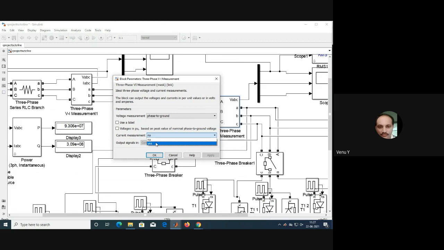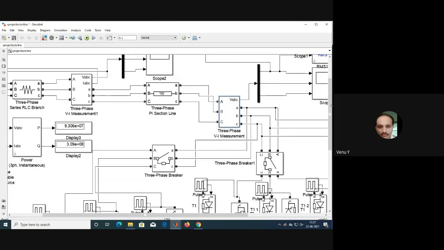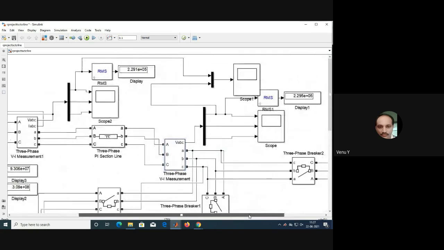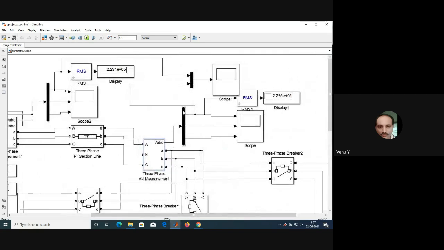I have not taken the current measurement here. If you want, you can take that. Demux is used to get the VABC, and this is the RMS measurement. So this is the receiving end voltage and sending end voltage waveforms.